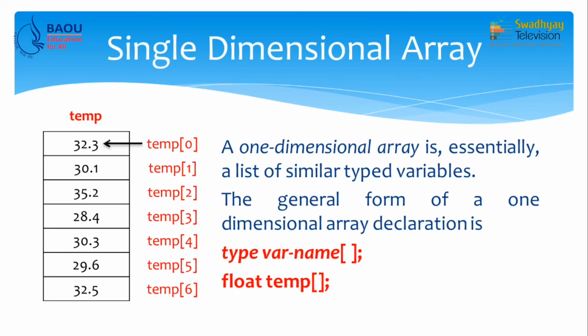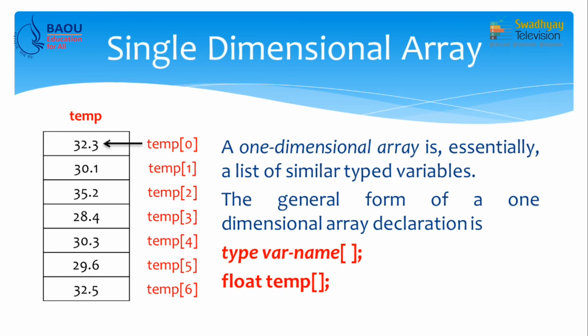So, let us take one example so that you can better understand. Now, we have a single dimensional array. A single dimensional or one dimensional array is essentially a list of similar type variables. On screen you can see a variable of type float declared as an array of float data.